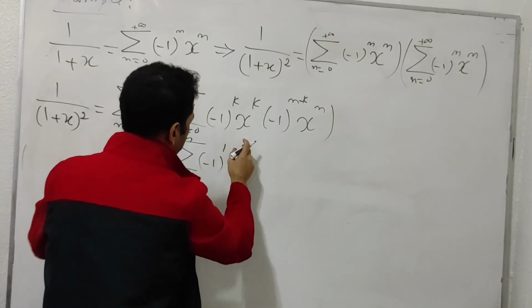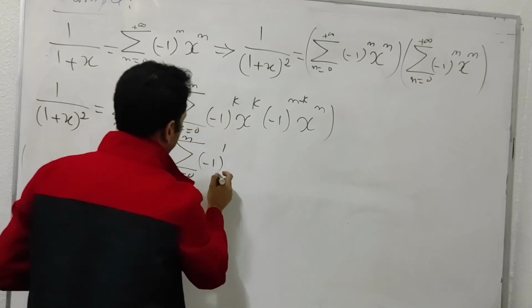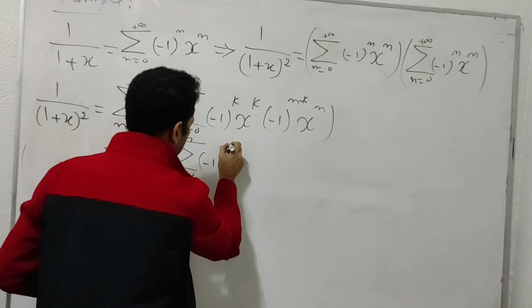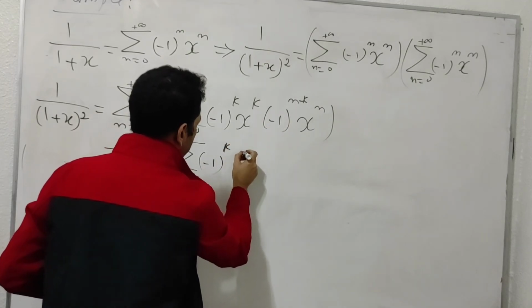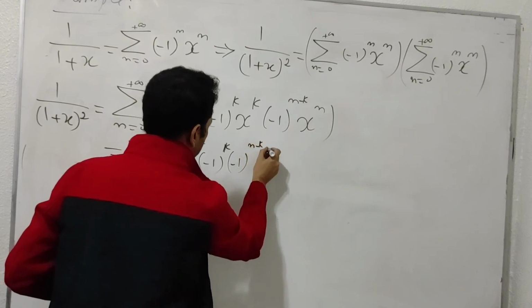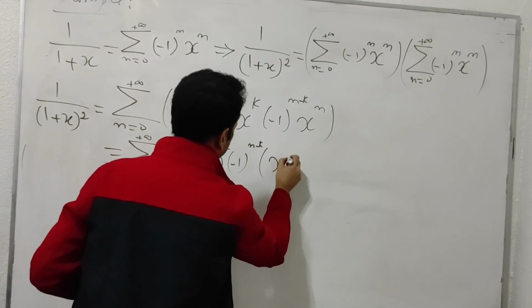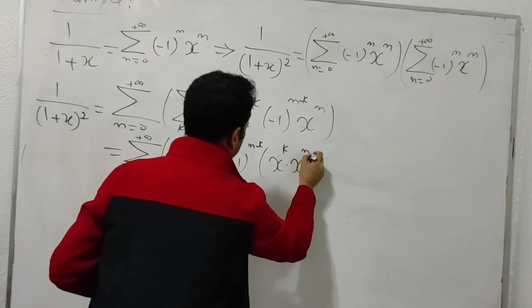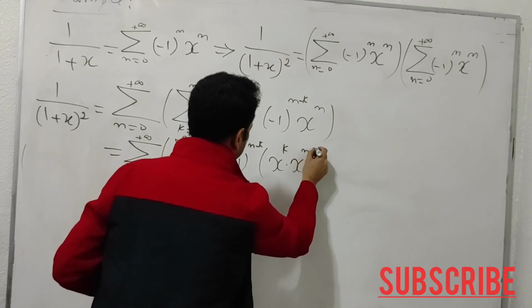So I'm going to put these terms together. I will have minus 1 to the k multiplied by minus 1 to the n minus k, and this is multiplied by x to the k, multiplied by x to the n minus k.